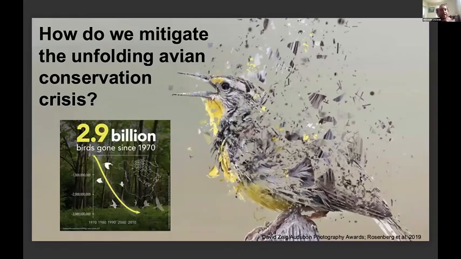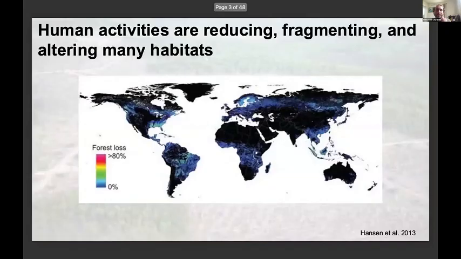However, one of the most pressing is the widespread human-mediated transformation of land cover across our planet. One clear example of this, and it's relevant to the species I'll be talking about in a little more detail today, is the forests across our planet.